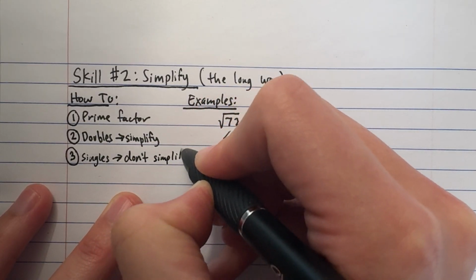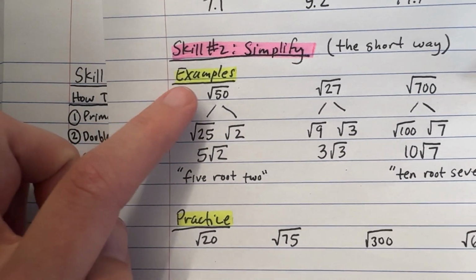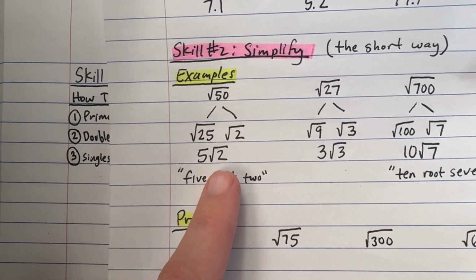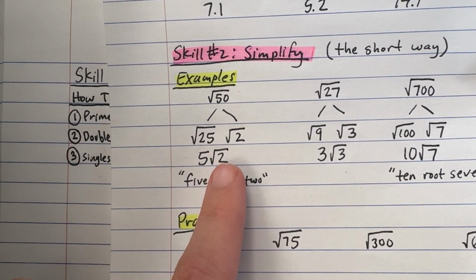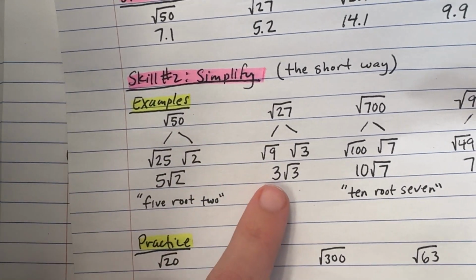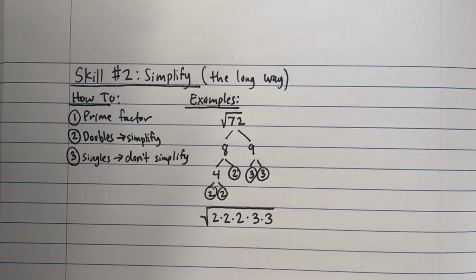Those are the ones that we can't simplify. Remember yesterday, in our examples, the square root of 25 simplifies. It becomes the number 5. The square root of 2 doesn't simplify. There's nothing that we can do to simplify the number 2. Here, square root of 9 is a perfect square, so 9 simplifies. The square root of 3 doesn't simplify. So there's always going to be a part that does simplify and a part that doesn't.